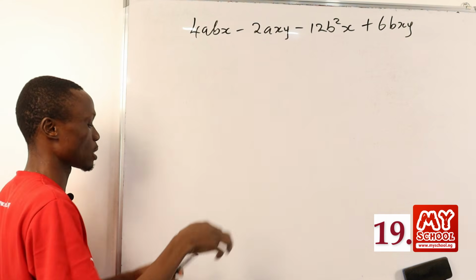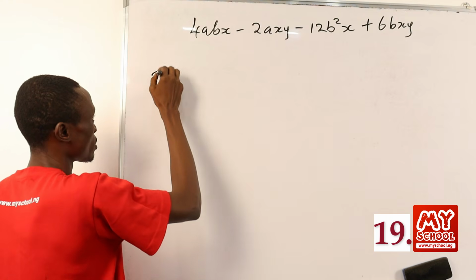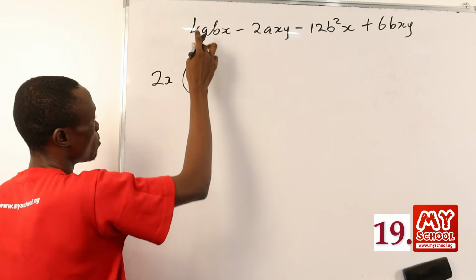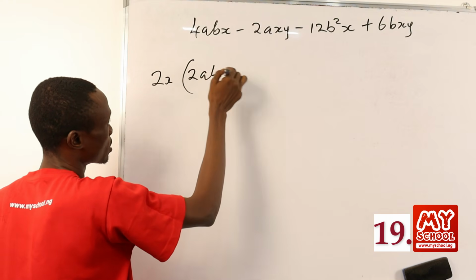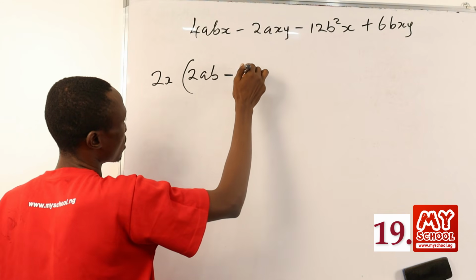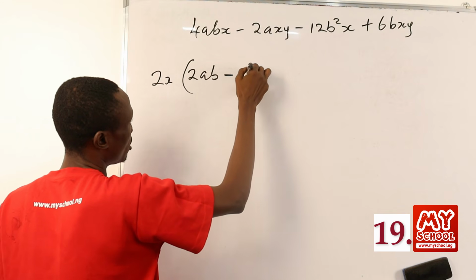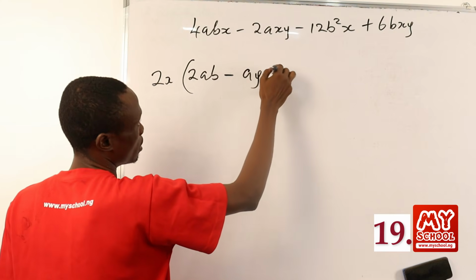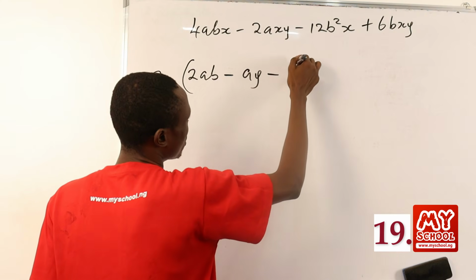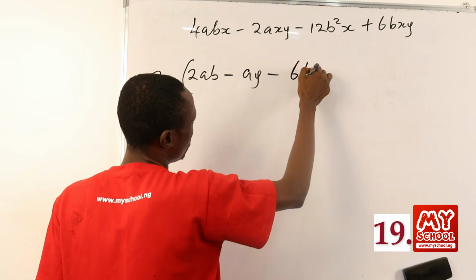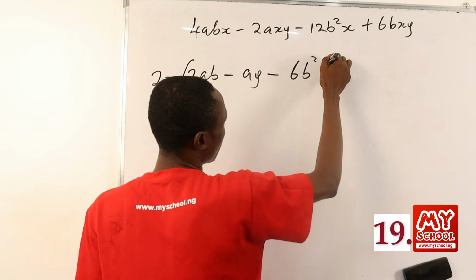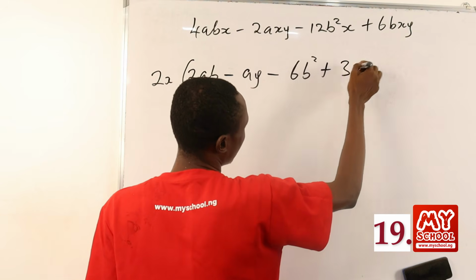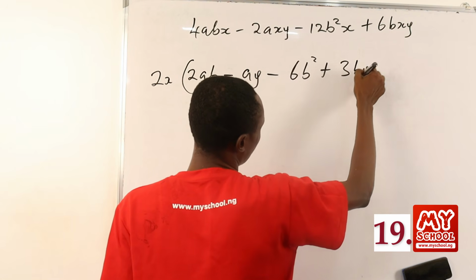So first of all, let's bring out 2s. Here we'll be having 2ab left, then minus, here we'll just have ay left, then minus, here we'll be having 6b squared left, then here we'll be having plus 3by left, right?